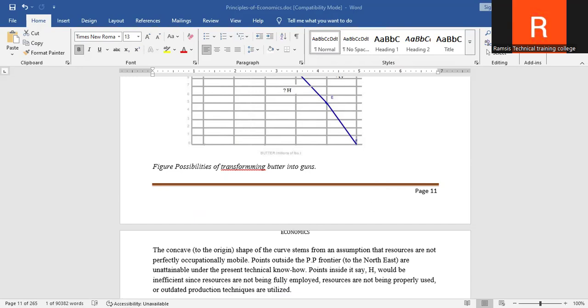The advantages and disadvantages of free market economy, the features of the command or planned economy, its advantages and disadvantages. We look at the mixed economy, the role of the government, and so on. Then from there we can proceed to demand analysis.